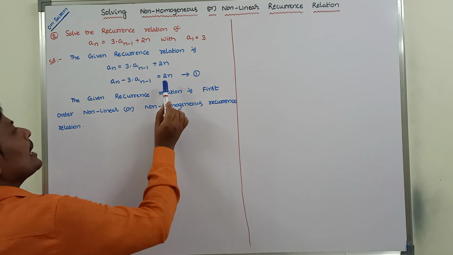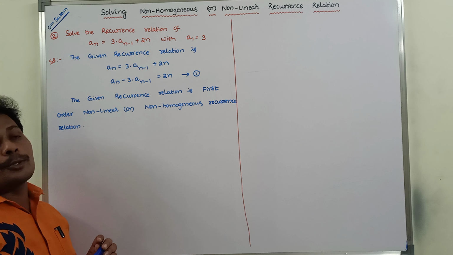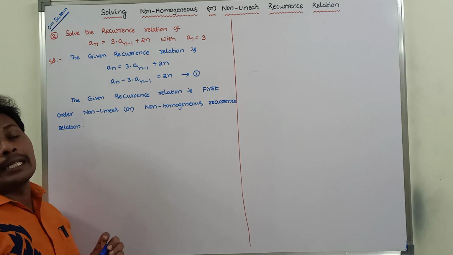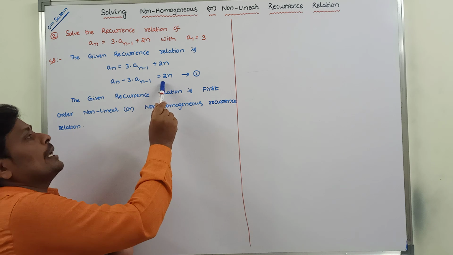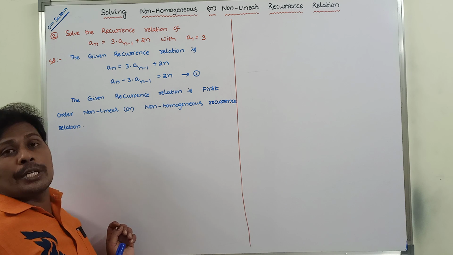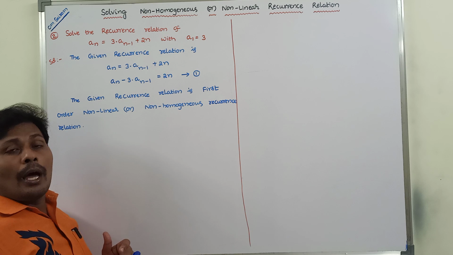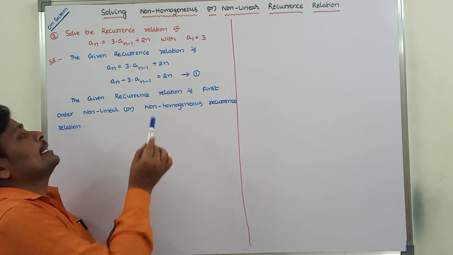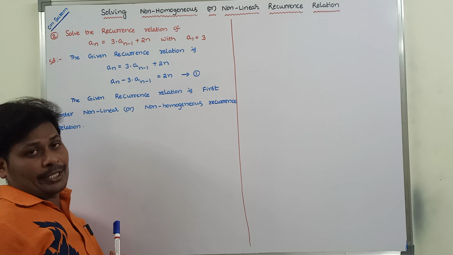In the place of f of n, 2 into n is there. So hence we can say that f of n is not equal to 0. That means 2 into n is not equal to 0. Whenever f of n is not equal to 0, we can say that this is a non-homogeneous recurrence relation.